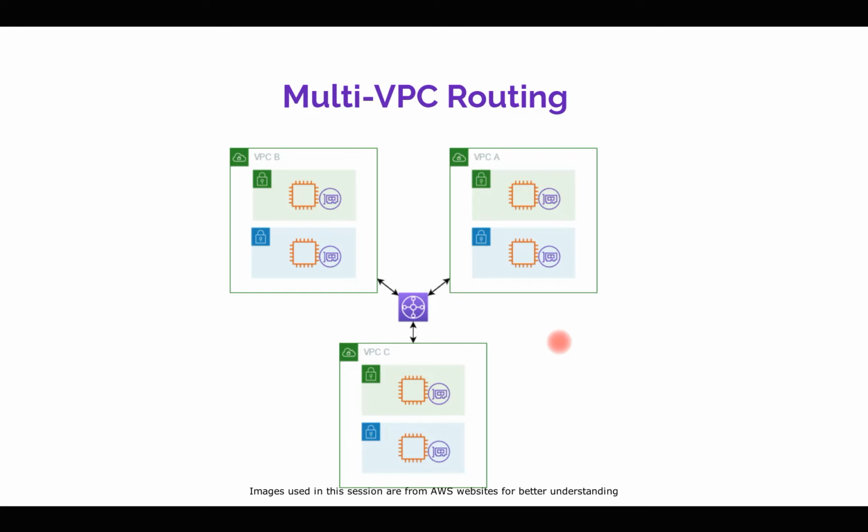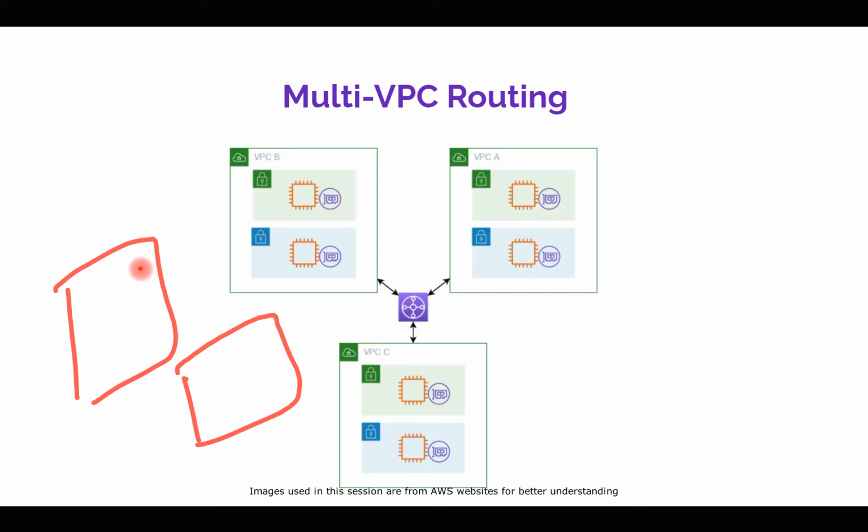Now let's understand multi VPC routing. We took an example previously for VPC to the internet. Now we have multiple VPCs. These VPCs might belong to the same region, or to different regions. For example, VPC A is here, VPC B is also here, and VPC C belongs here. So here we have R1, and here we have R2.